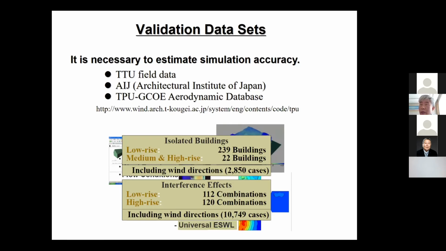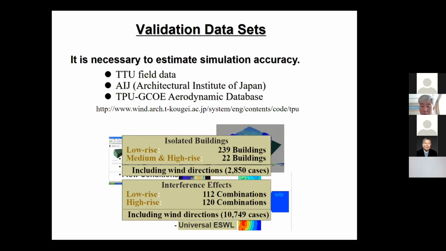At Texas Tech University, they have a low-rise building and measured field data, so we can do some validations. And also AIJ, the Architectural Institute of Japan, provides such data on both the environmental and structural sides, so we can validate our calculations with the data.